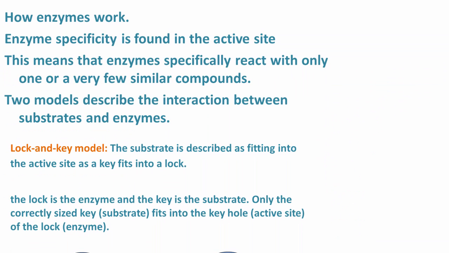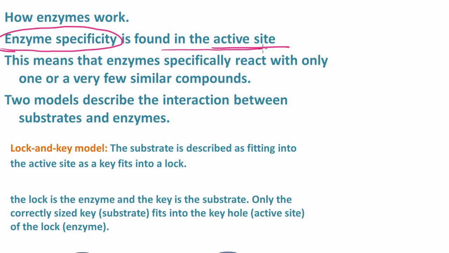Okay, how do enzymes work? Why are enzymes specific? Why do they have specificity? And where is it found? The specificity is due to the active site. Remember what I said, the active site is that pocket in the enzyme that has the specific shape and the chemical makeup, if you will, in order to react with a specific substrate.